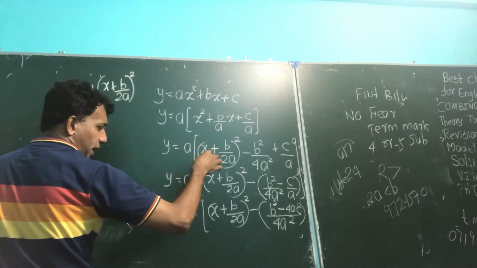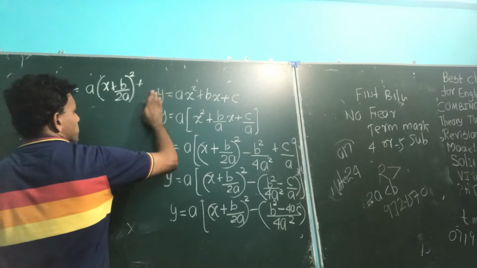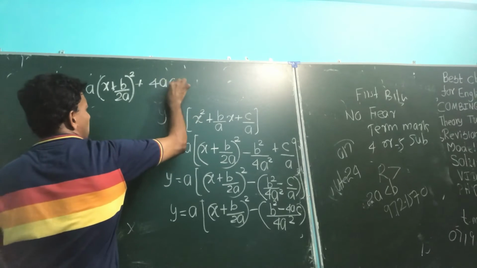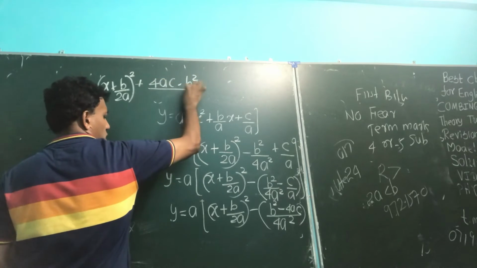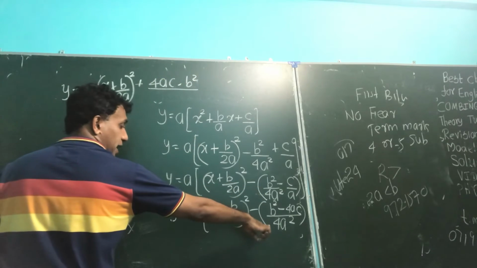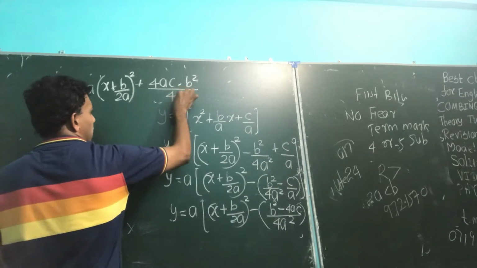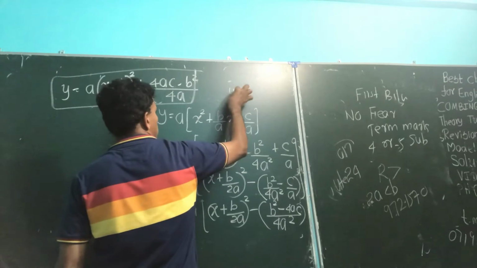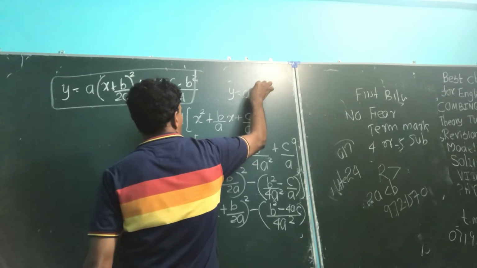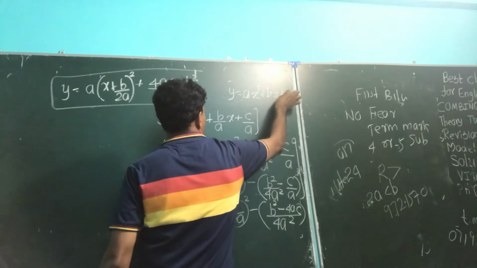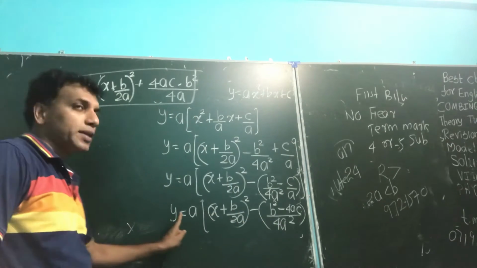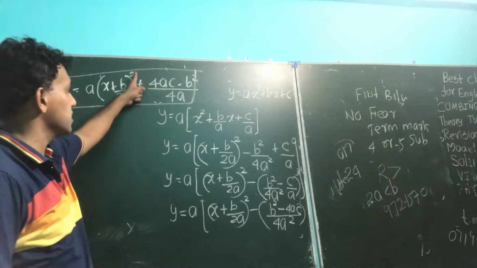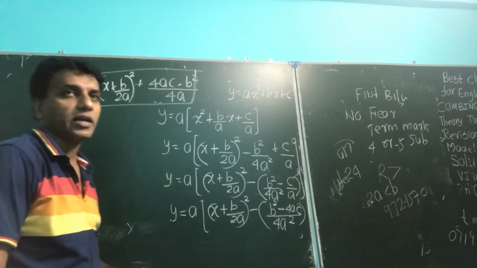Also I changed by a minus here, this plus 4ac minus b square over, multiply a there, one a cancels, right, below 4a. Okay, yeah, I said y equals x square plus bx plus c. Is it okay? See, if I multiply by a and change by minus, take the minus out, we need the plus here. The plus comes only, there's some clear method.